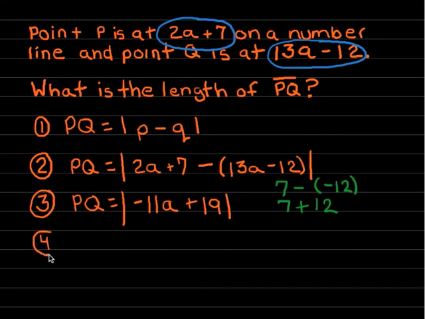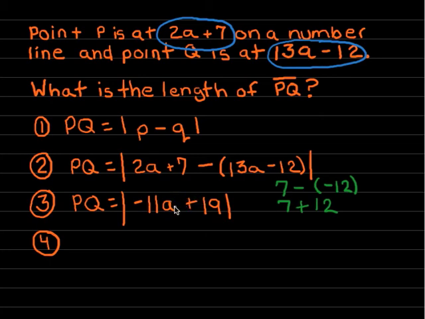Step 4, take the absolute value. Now we've got a problem here, however. I don't know what a is. If a is a big positive number, like 2 or more, let's say, then what's inside of here is going to be negative. And to take the absolute value is to take the opposite. If a is a relatively small number, 1 or less, then everything inside here is going to be positive, and I just keep it as it is.